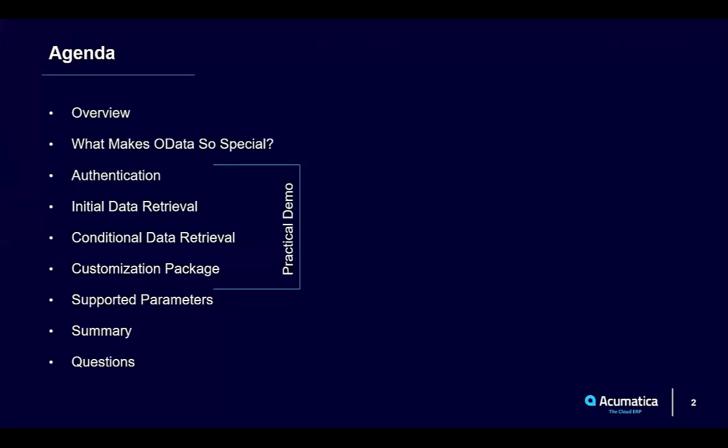Then it will be followed by a practical demo where we'll go deep down into all the authentication possibilities. We will retrieve the data all possible ways, and then at the end we will create a distributable customization package that you can just give to your customers.